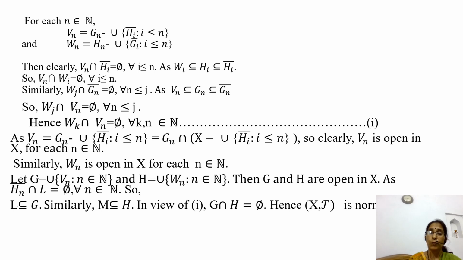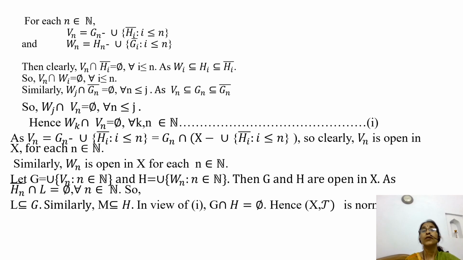And from the definition of Wn, Wi is contained in Hi and Hi is contained in Hi closure. And so we can write Vn intersection Wi is phi for all i less than or equal to n. Similarly, from the definition of Wn, we can write Wj intersection Gn closure is phi for all n less than or equal to j.